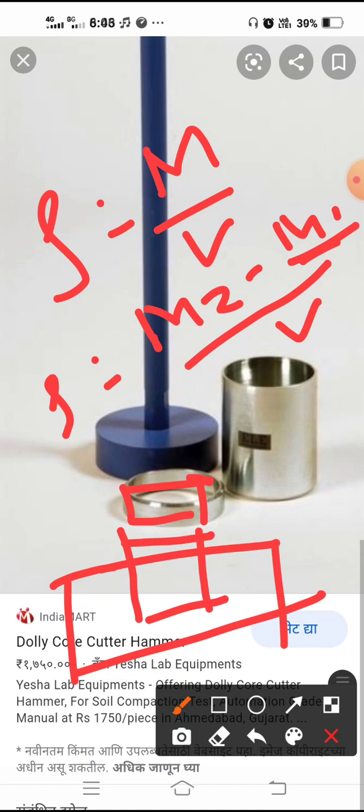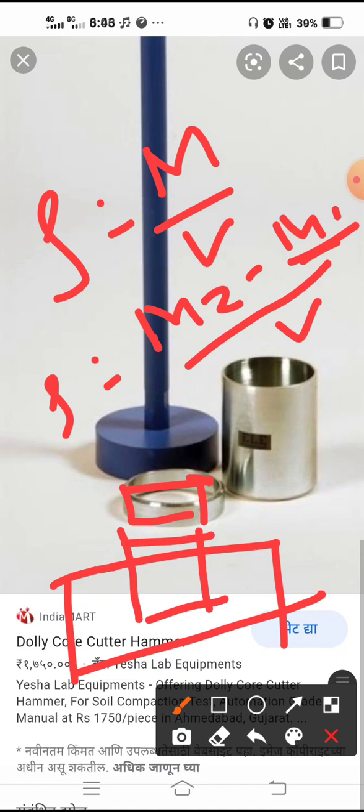By using the rammer, give tamping until the core cutter penetrates into the soil up to its whole depth. Note that only 1 to 1.5 centimeter projection should be left above the dolly.